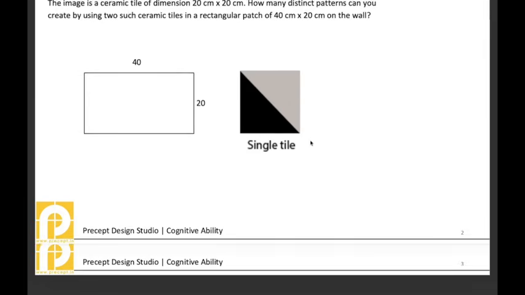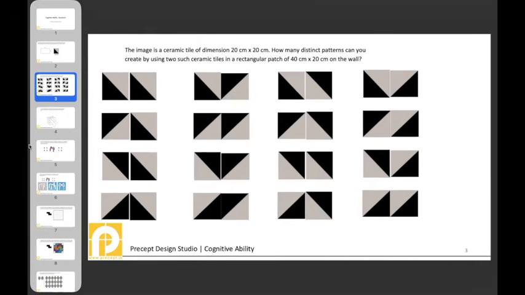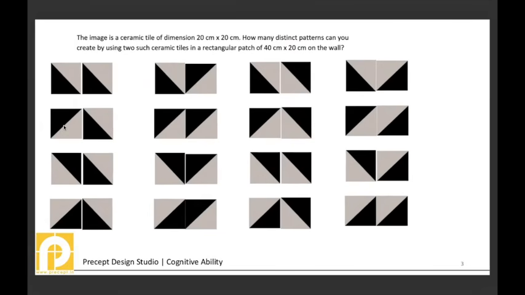Now we have a tile, and if the tile can be rotated 4 times, it creates these four distinct patterns: 1, 2, 3, and 4. These are the 4 distinct patterns that can be created using the tiles.